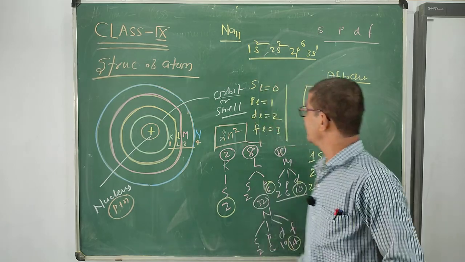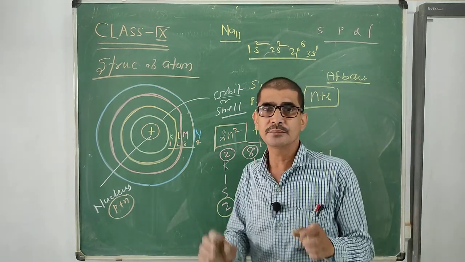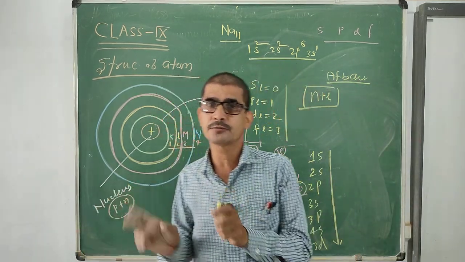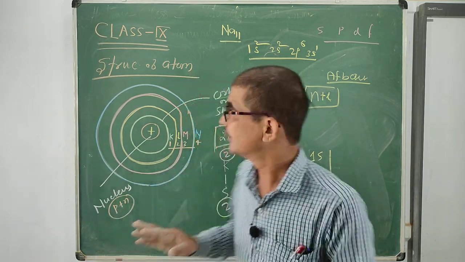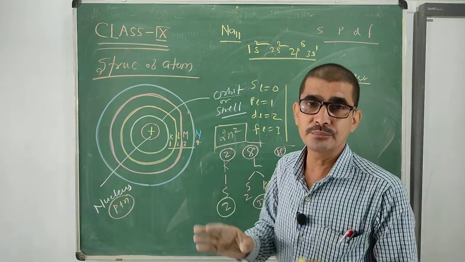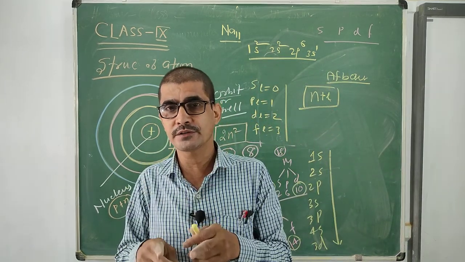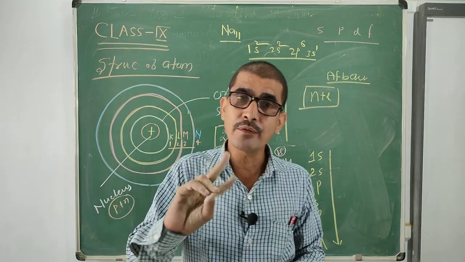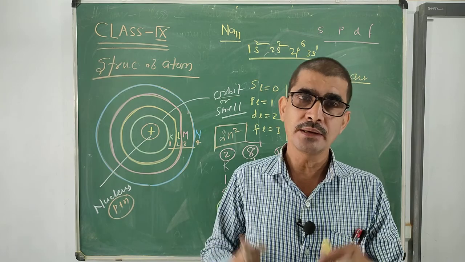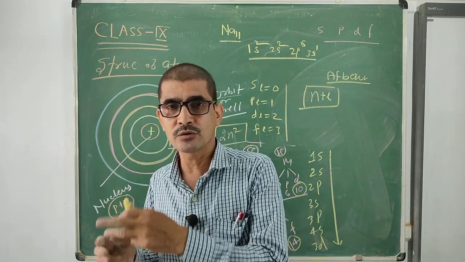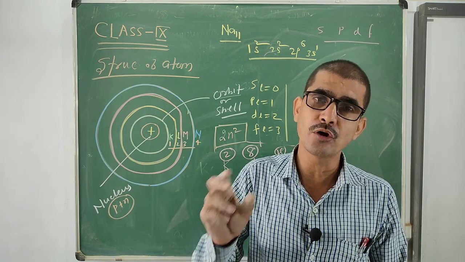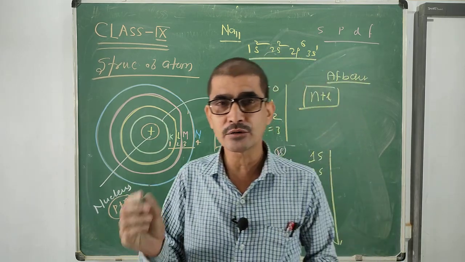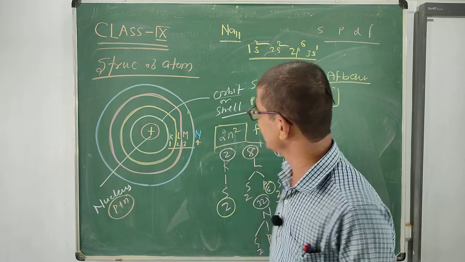Rule number 1: if the value of n plus l is minimum, the electron enters first. Rule number 2: if two values of n plus l are equal, then the electron enters depending on which value of n is minimum.